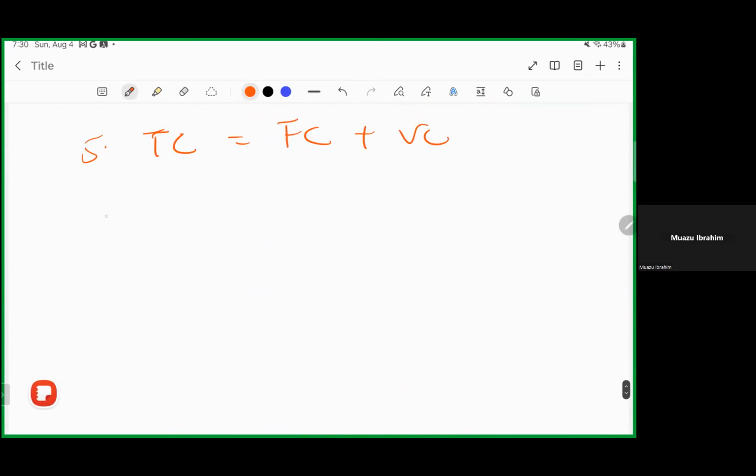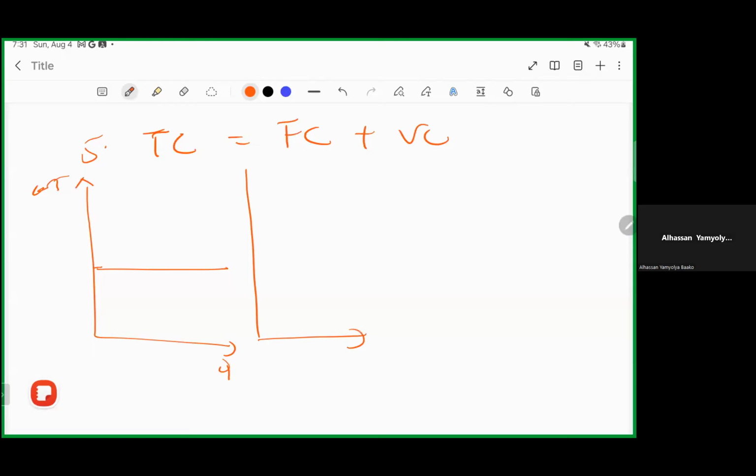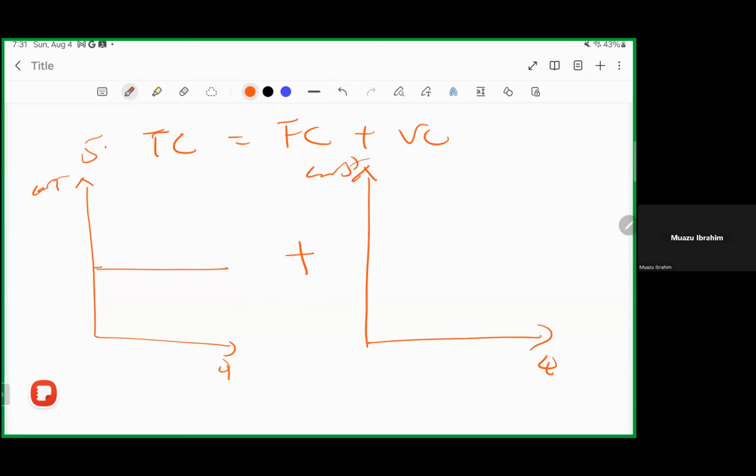And we know that fixed cost is this, and the variable cost, we have it like this. Here is quantity, here is cost. And we know the variable cost is like this. This is the variable cost.